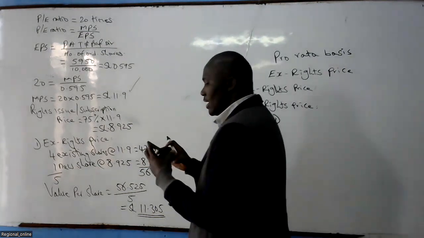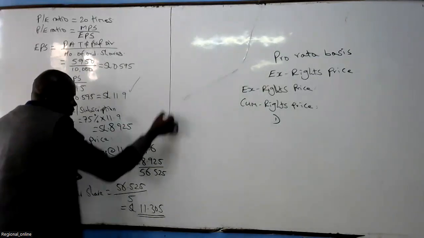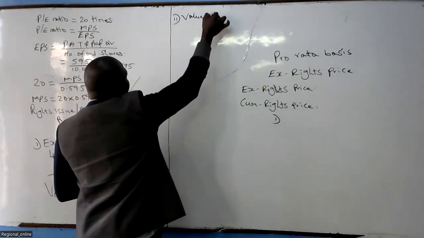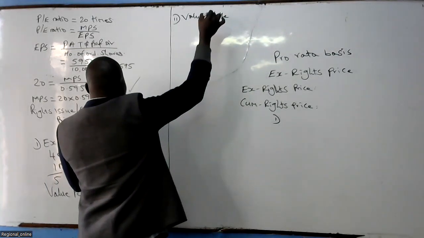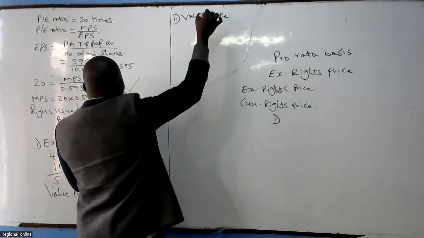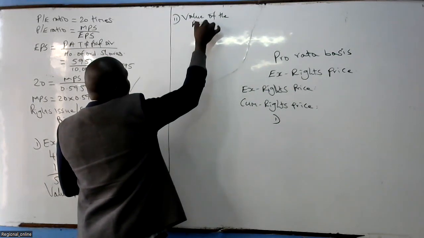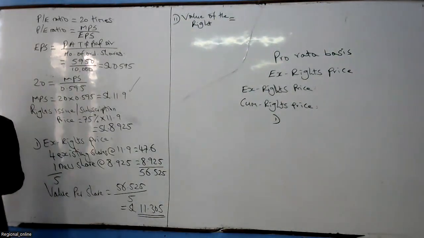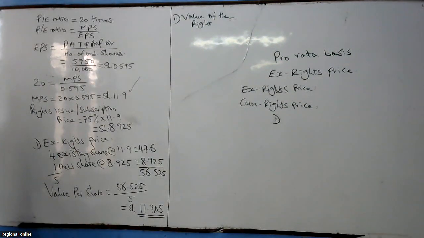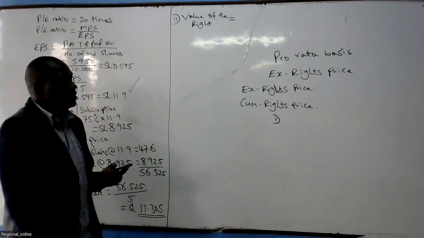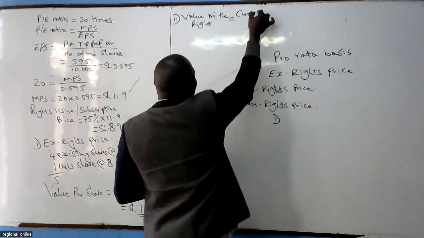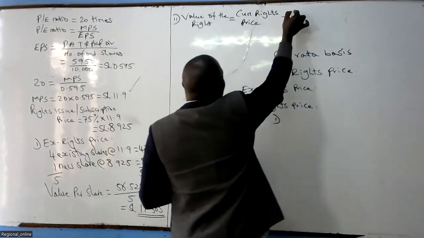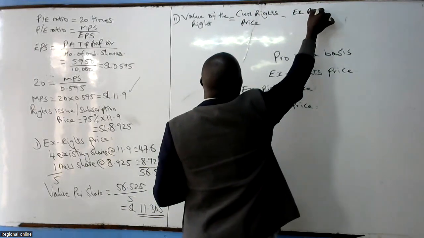And that takes us to required number 2. We want to calculate the theoretical value of each right. So the value of the right is actually the difference between the cum rights and ex rights prices. So this equals the cum rights price minus the ex rights price.